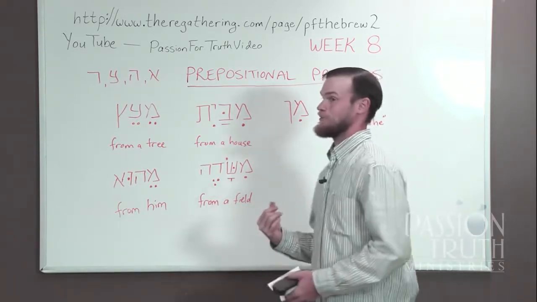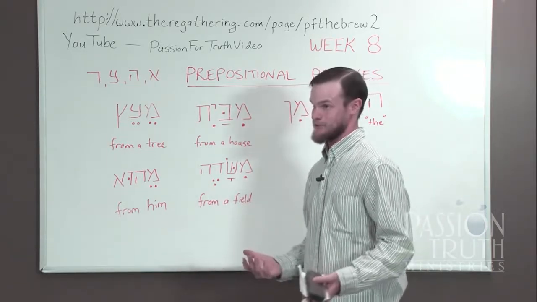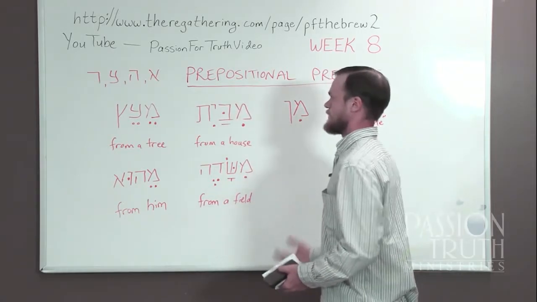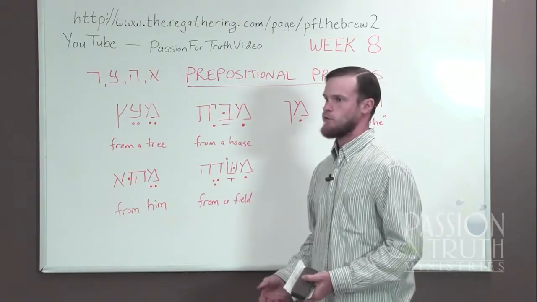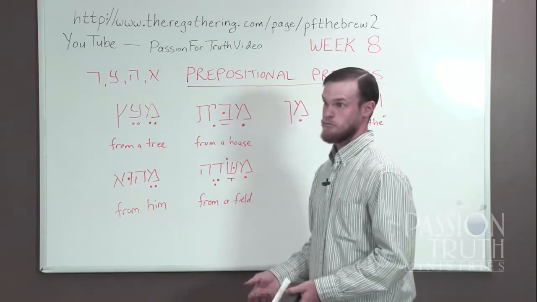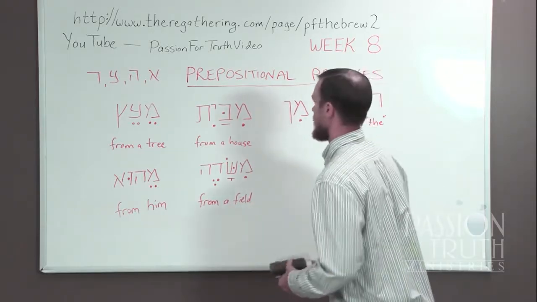Right, and that's what we're going to go into next: what do you do when you've got multiple prepositional prefixes? Now some of them don't make sense. You couldn't say with for, that doesn't make any sense. But you could say and with, or with the, or from the. So how do you do that?